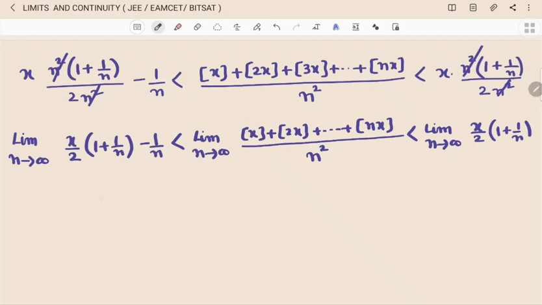We know that as n tends to infinity 1 by n tends to 0.